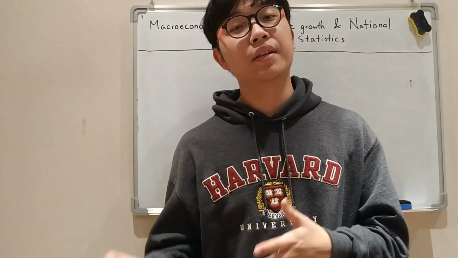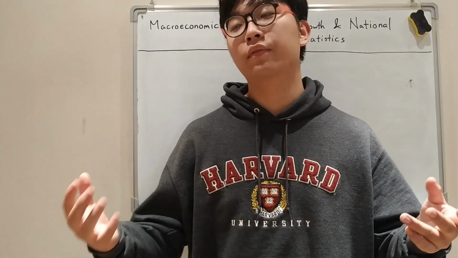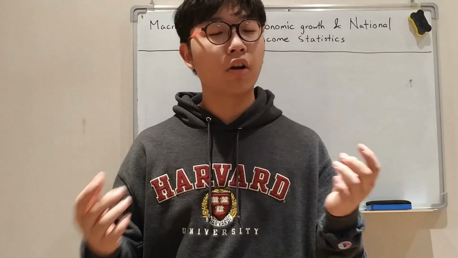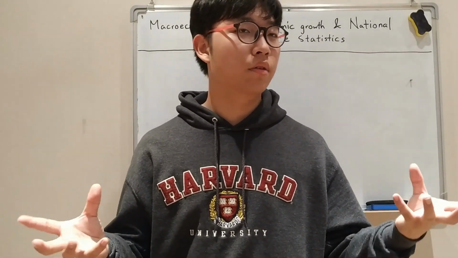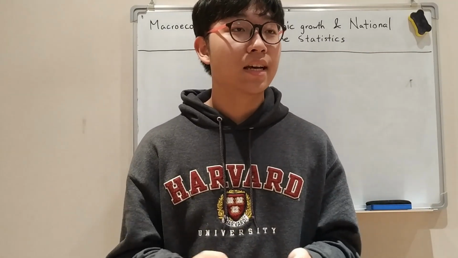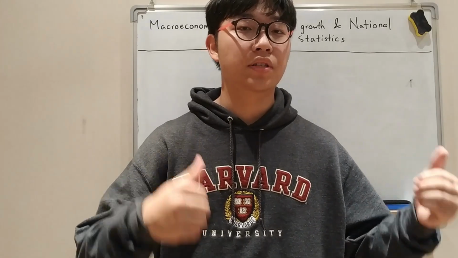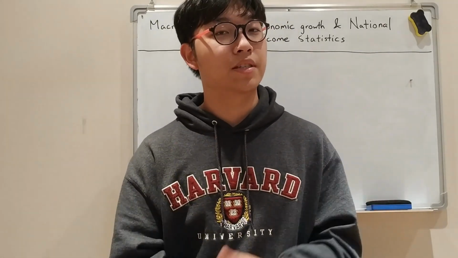These types of indexes give an individual a better understanding of the standard of living of a country. It might not be able to show economic growth, but if you can find a way to put them together into a type of index, that would give a more comprehensive understanding and additional functionalities to the national income statistics.